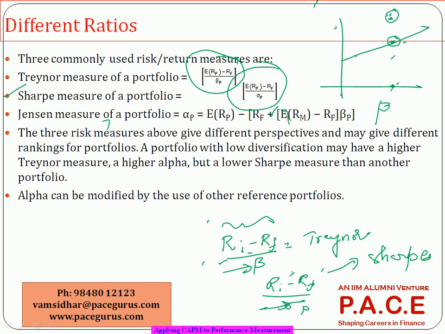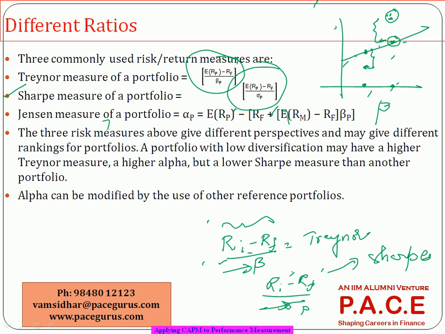If my risk is this much, this should be the return, but the security or portfolio which Mr. X has created has given only this much. So the difference between the actual return minus that expected by CAPM is what we call Jensen alpha.